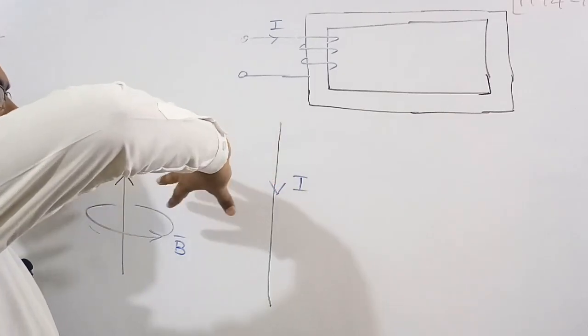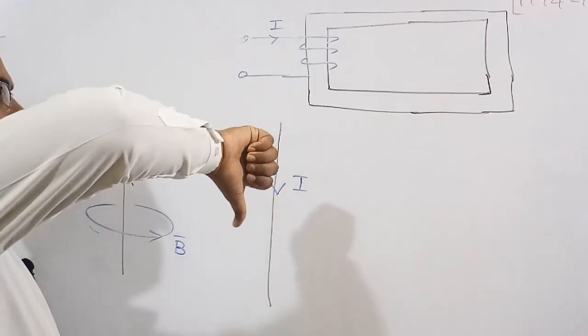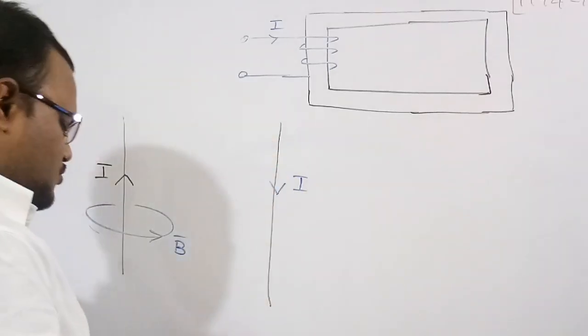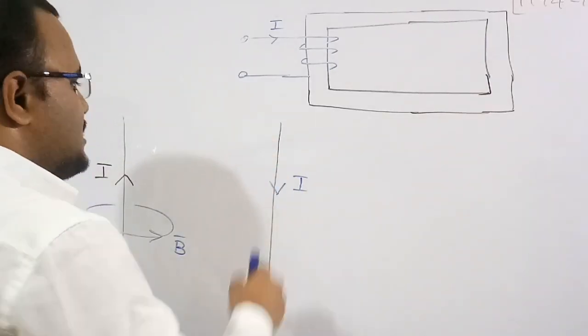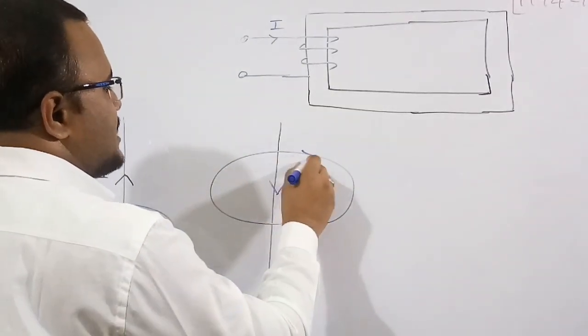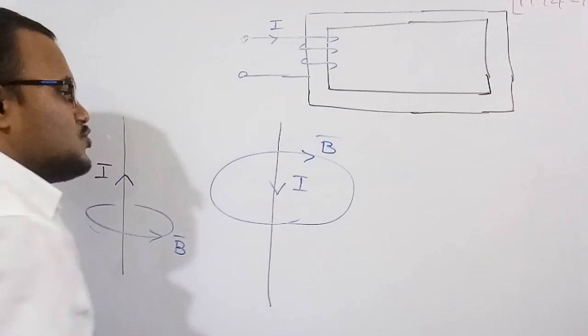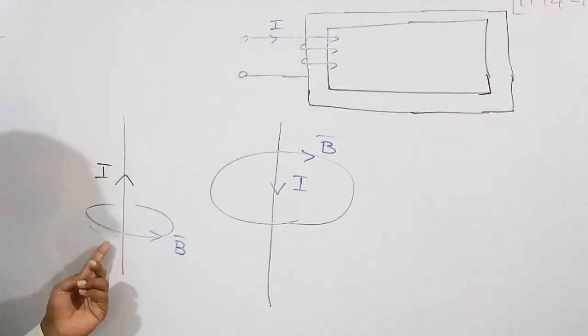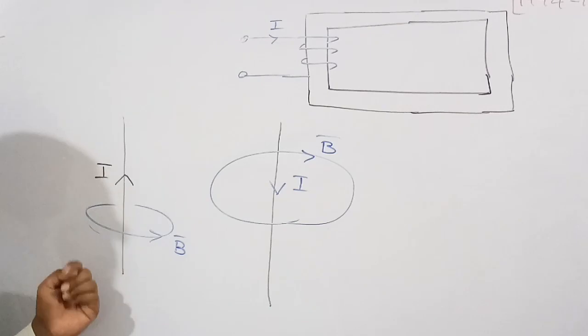If you see carefully, I am curling the fingers in the clockwise direction. Therefore, the direction of the magnetic field will be in this direction. This is the magnetic field direction, B bar. So by using the right hand thumb rule, we are able to figure out the direction of the magnetic field around a wire carrying a current I.